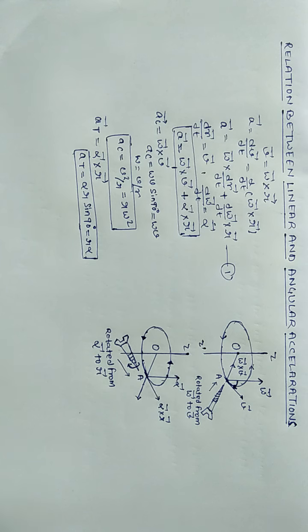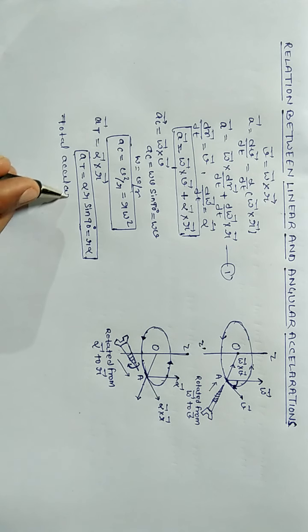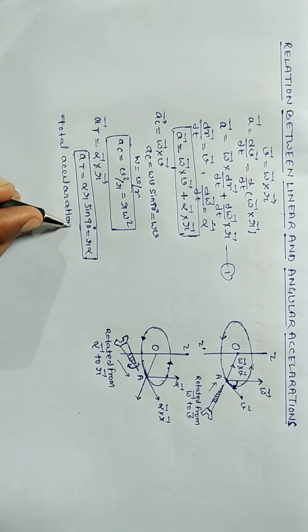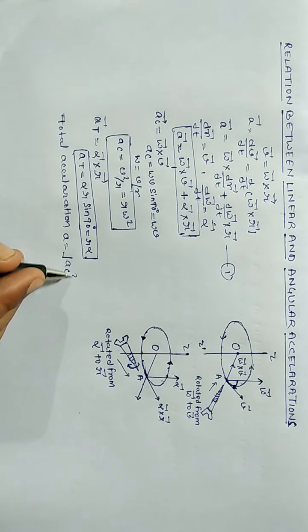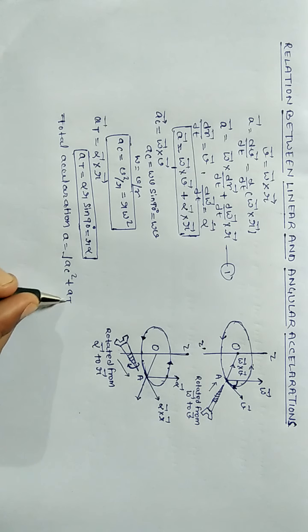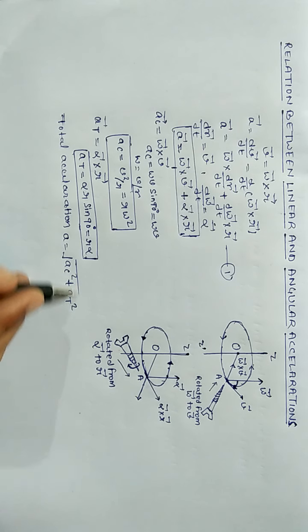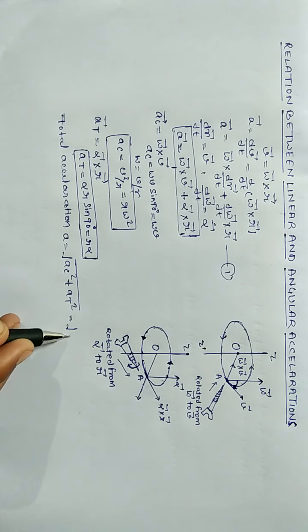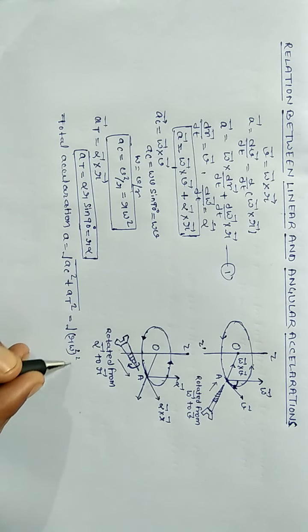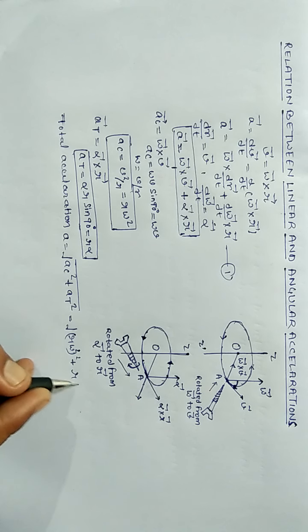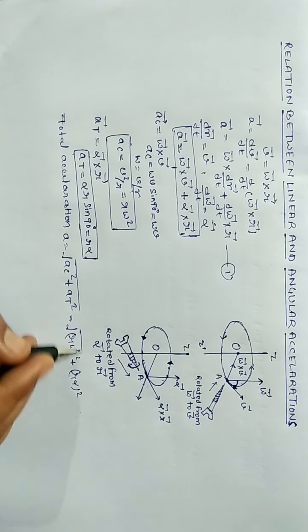They are perpendicular to each other, so the magnitude of total acceleration is given by a is equal to under root ac square plus at square, or under root of r omega square whole square plus r alpha whole square.